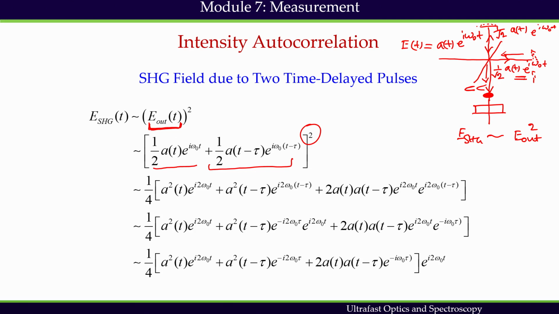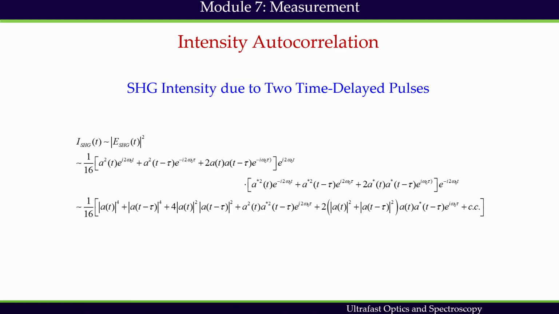If we take the square and do a little bit of rearrangement of the terms, we get this. This is very easy to get, and then again reorganizing it, and finally we have the SHG field.